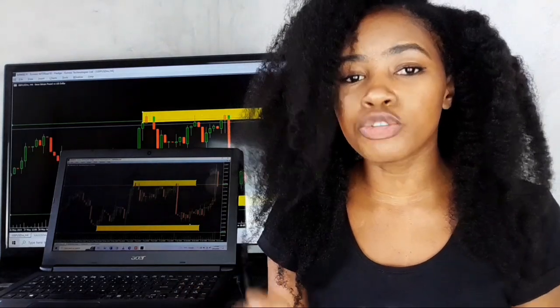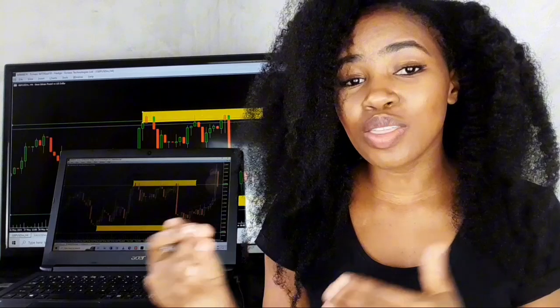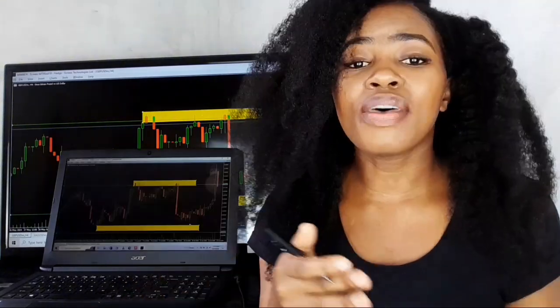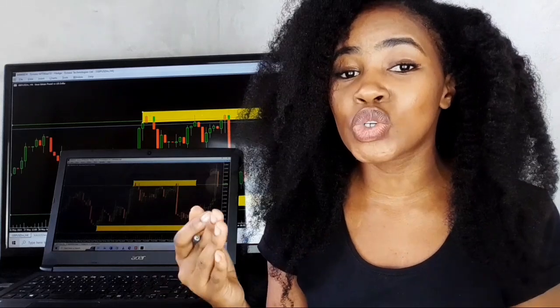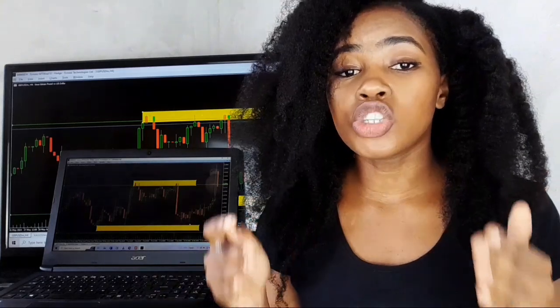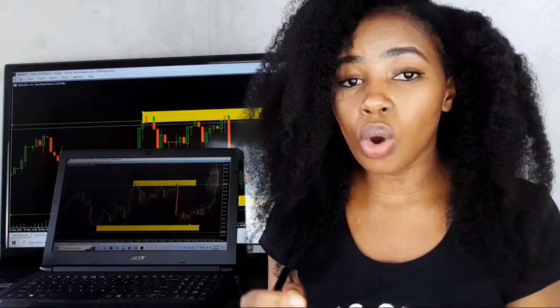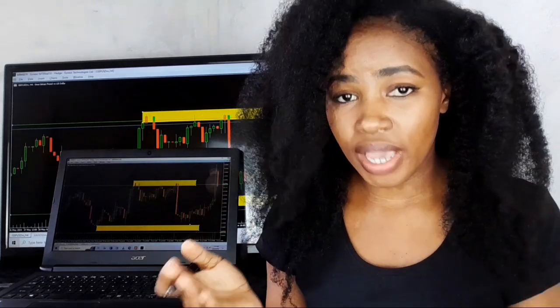You see now that you have 2 confluences to enter this trade. So you can have multiple confluences, and the more confluences you have, the better is that trade. So you need to know your story. You need to know what is your entry trigger. You need to have an entry trigger.